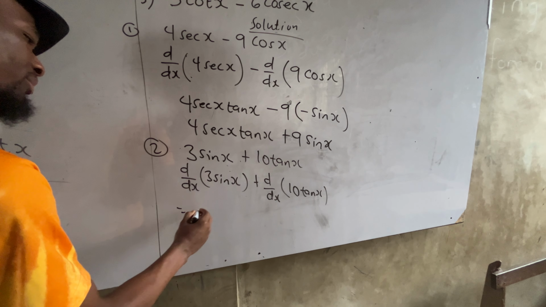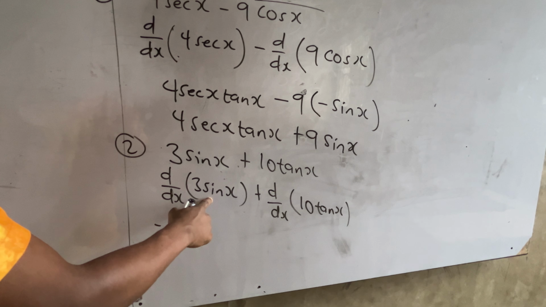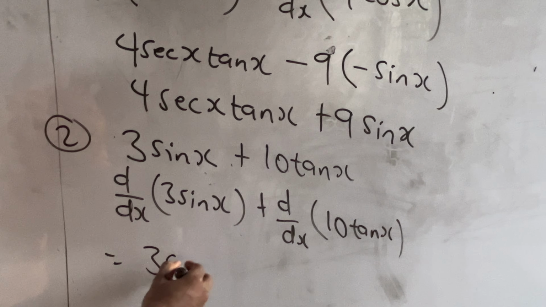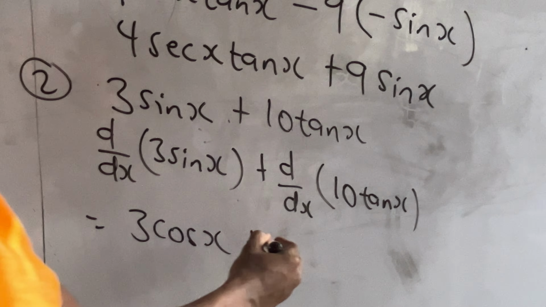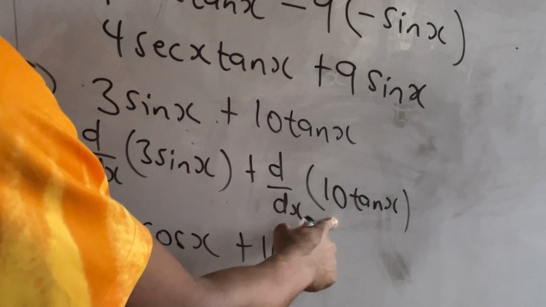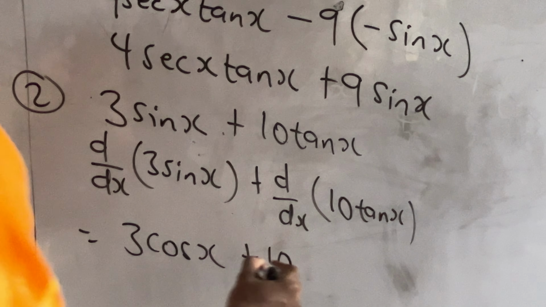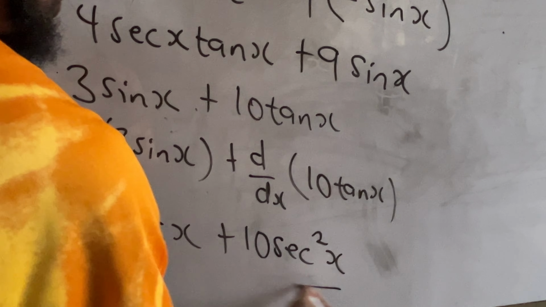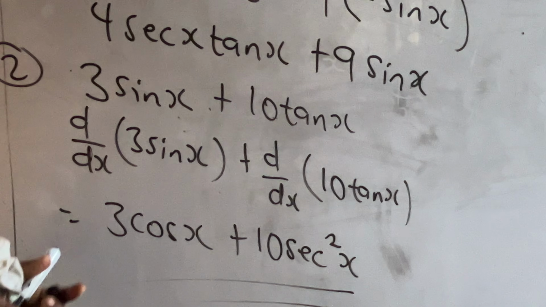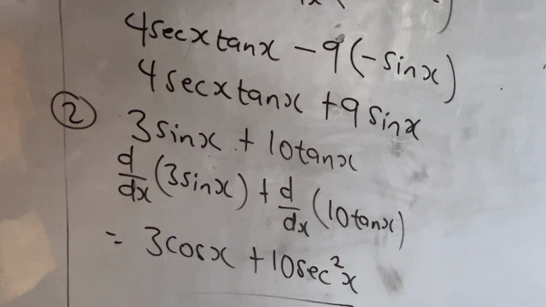So I have 3, when you differentiate sin x, you get cos x, then plus 10. When you differentiate tan x, we are getting sec squared x. We see how simple it is.